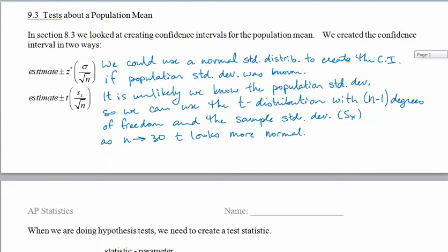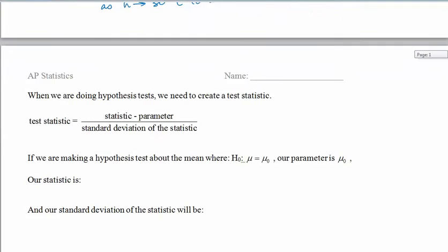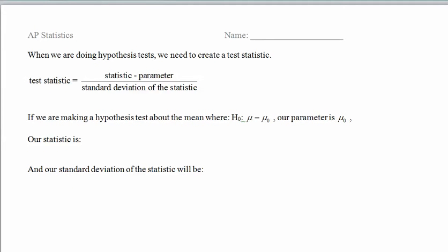All right, so we're going to be doing similar things with our tests. When we're doing hypothesis tests, we need to create a test statistic. So the test statistic is the statistic minus a parameter divided by the standard deviation of the statistic.